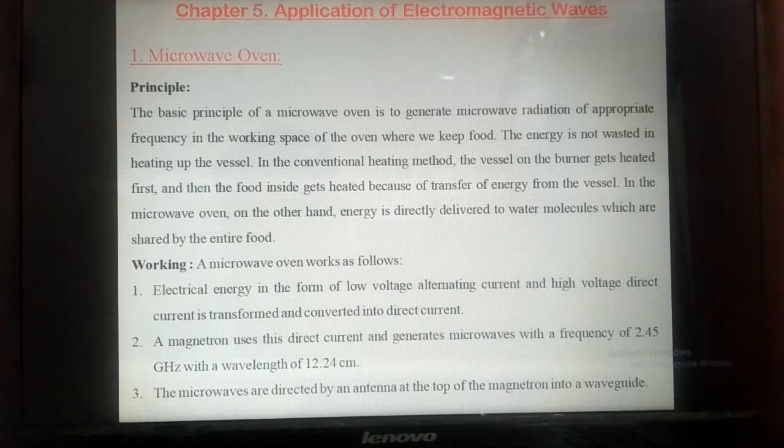Second is the magnetron, which is the source of the microwaves. It uses this direct current and generates microwaves with a frequency of 2.45 gigahertz and a wavelength of 12.24 centimeters. The microwaves are directed by an antenna at the top of the magnetron into a waveguide.